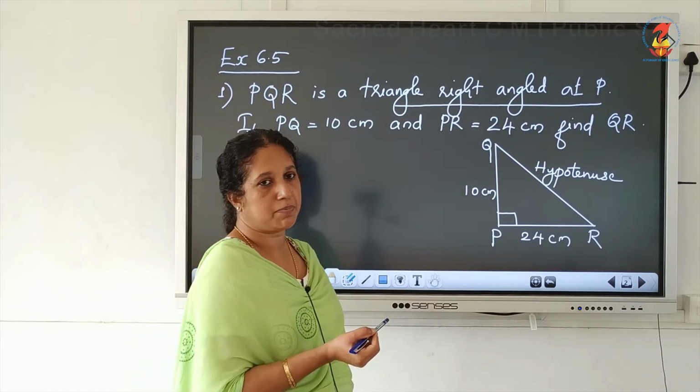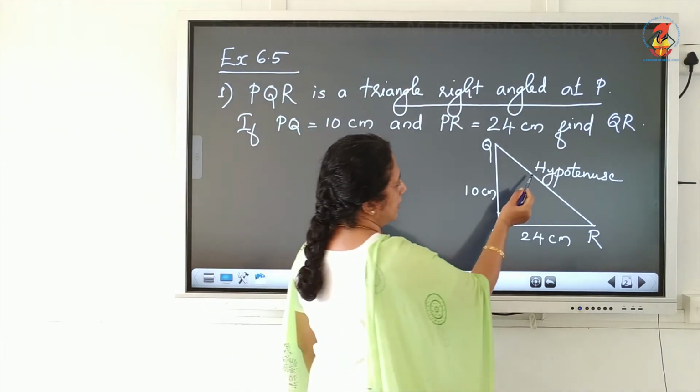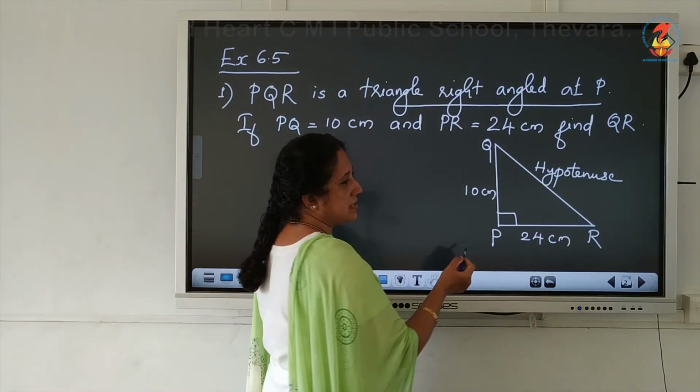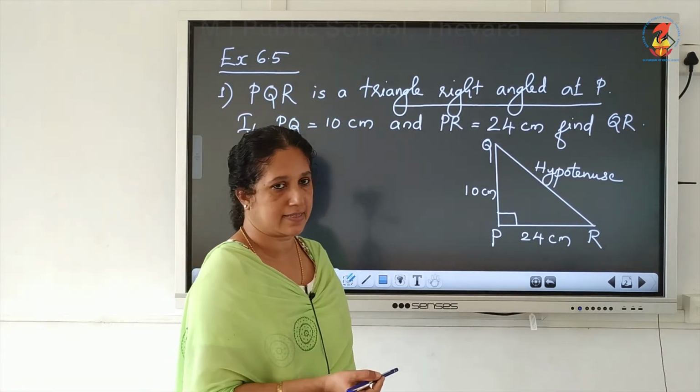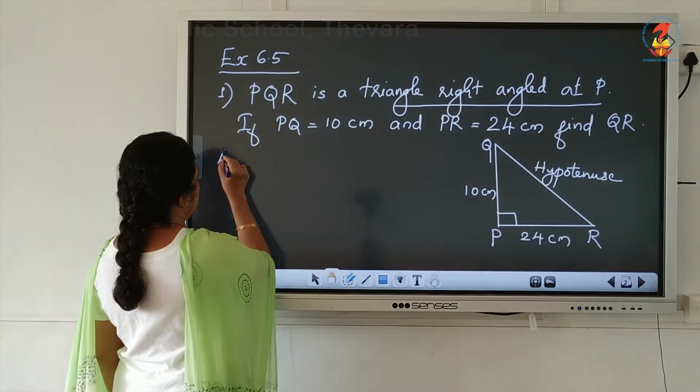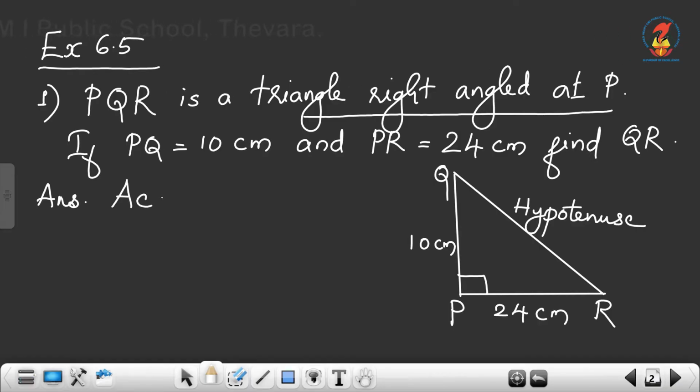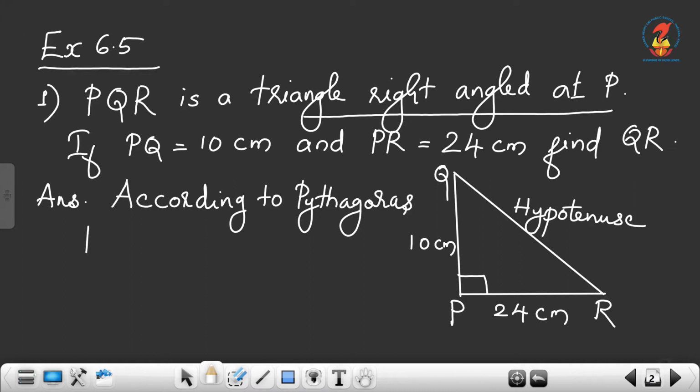So, what is Pythagoras property? In a right angled triangle, the square on the hypotenuse is equal to sum of the squares on its legs. So, we can write according to Pythagoras property, QR square, the square on the hypotenuse, is equal to sum of the squares on its legs.